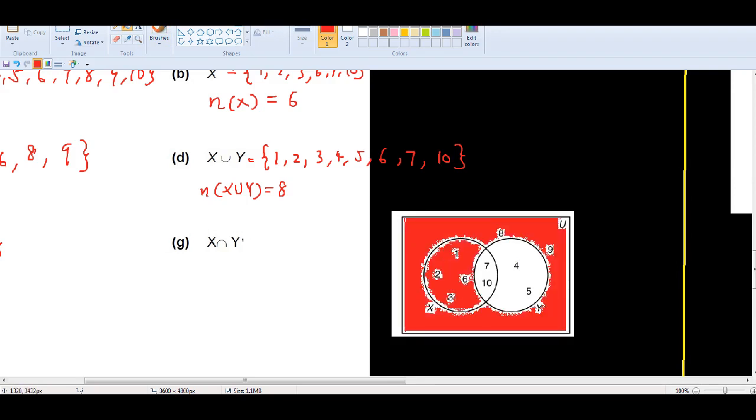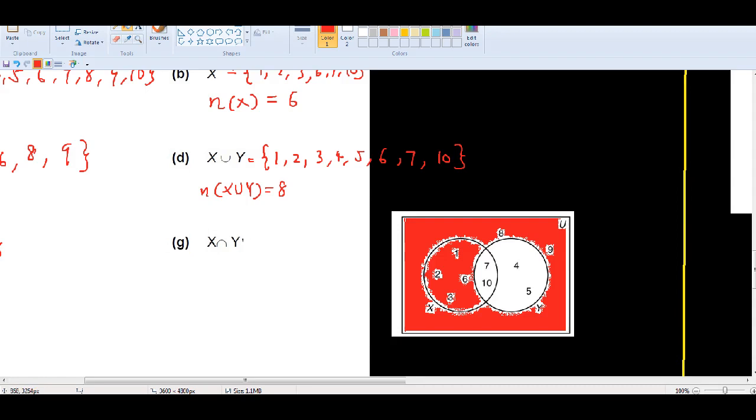But at the same time you need to be in X. So not just not in Y, but you need to be in X. If it's outside X, then it should not be included on this side, right?